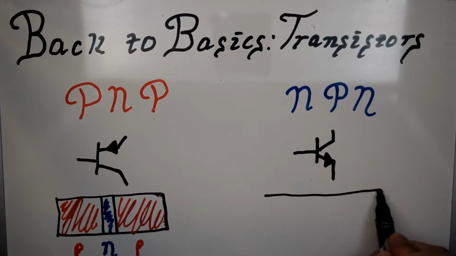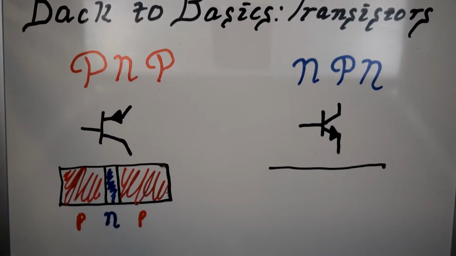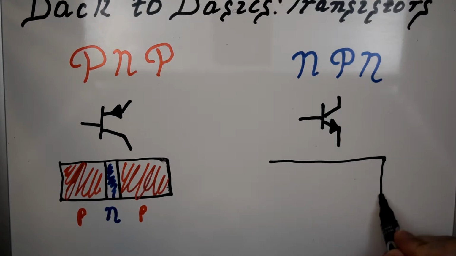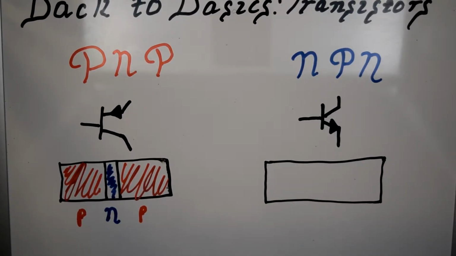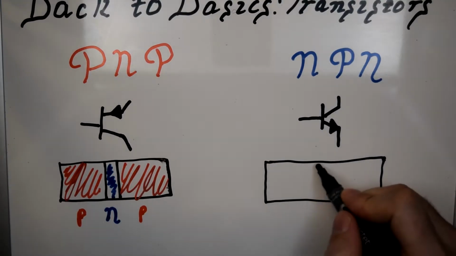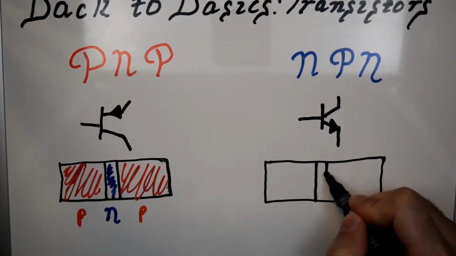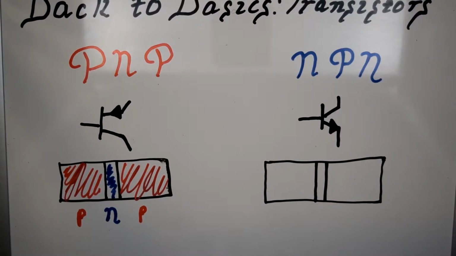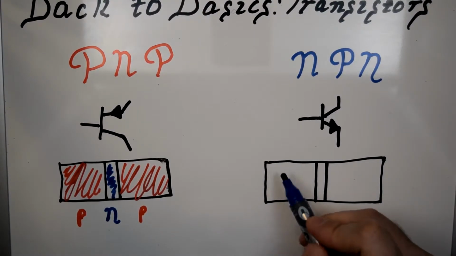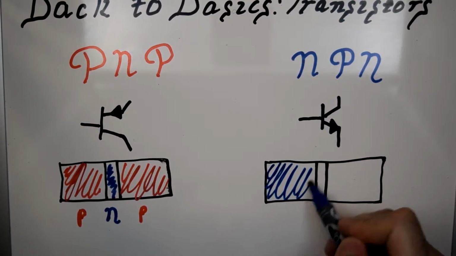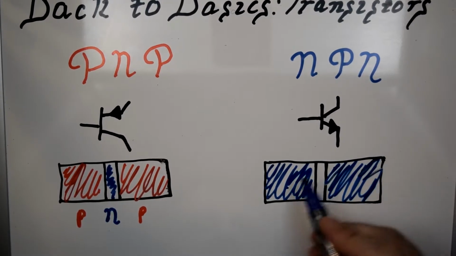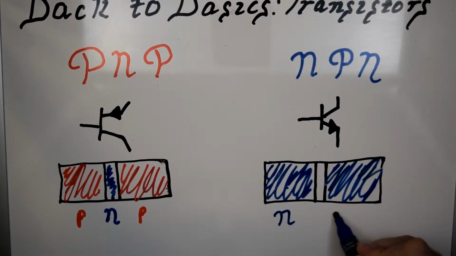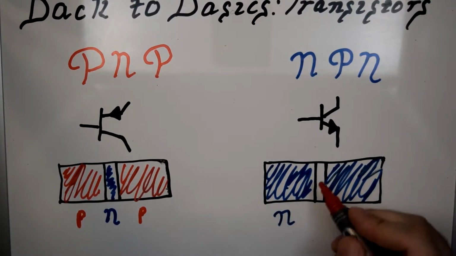Let's scoot that up a little bit. Only with an NPN transistor, we have, again, a small sandwich here. And it has N material on the outsides, and P material on the inside.